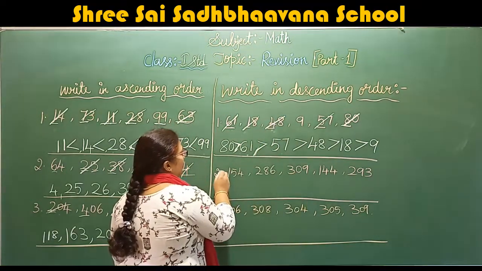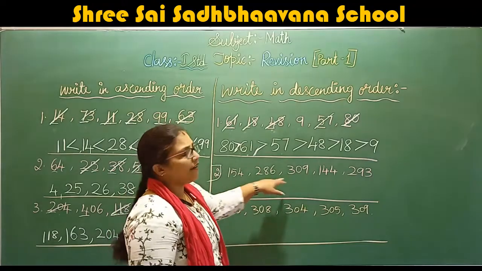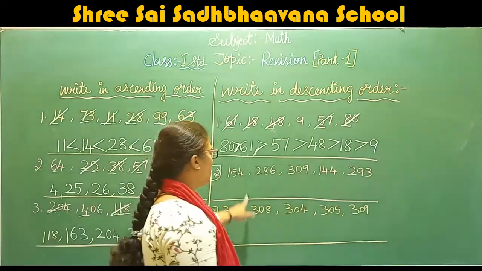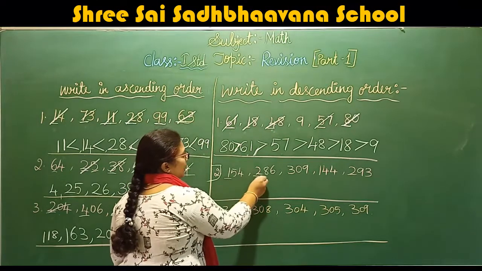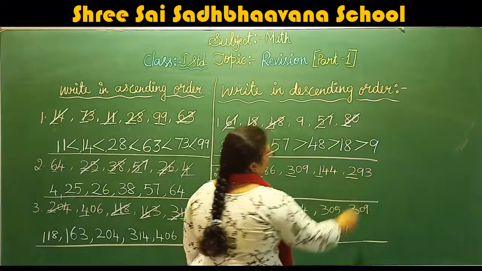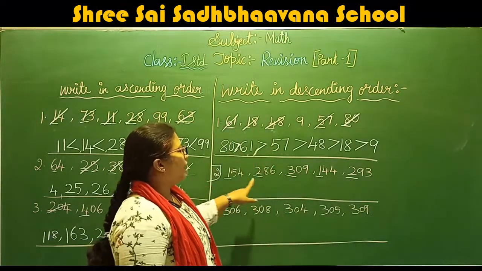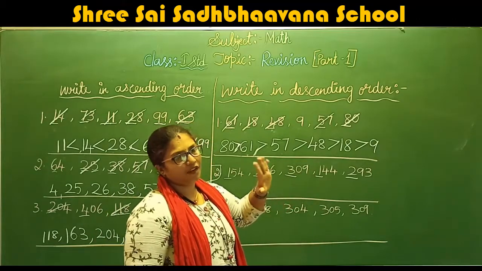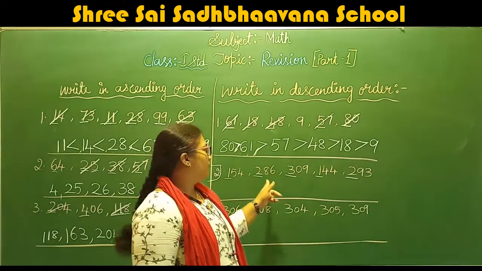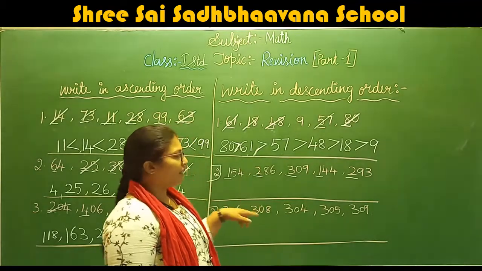Next, we have 3-digit numbers. So we are seeing the hundreds place numbers first. If the hundreds place number is the same, then we have to look at the tens place number, right?